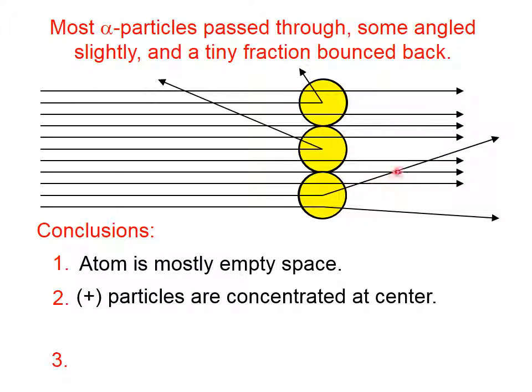Same with this other one that veers from a straight line course. It kind of gets near the nucleus but not straight at it and just veers off course.